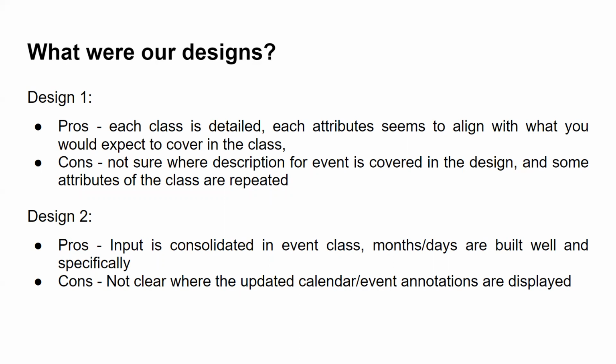For design two, our pros are that the input is consolidated in event class, and the month and days are built well and are specific. The con is that it's not clear where the updated calendar is displayed. And for our team, we decided to choose design one and sort of cover the cons as we were doing the implementation of the program.